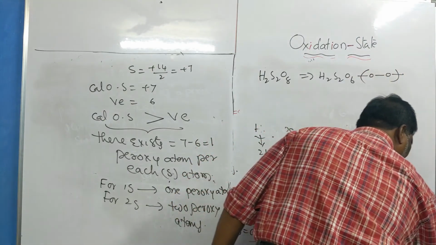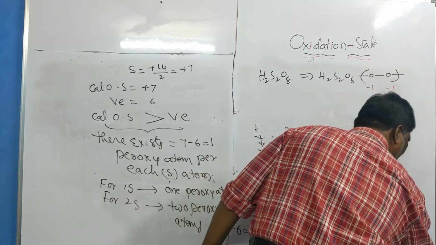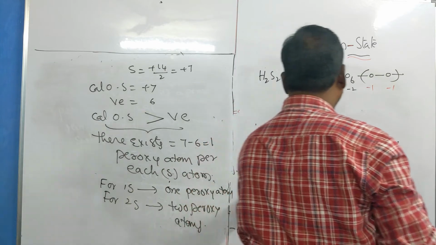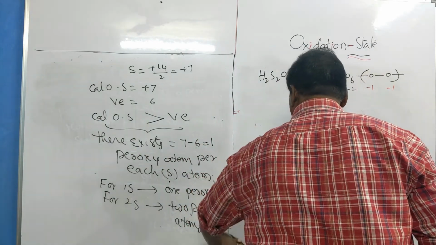You know, peroxy oxygens are given -1, whereas the general ones are given -2, and hydrogen is +1. Now as a result, the oxidation state is adjusted to the valence electrons.